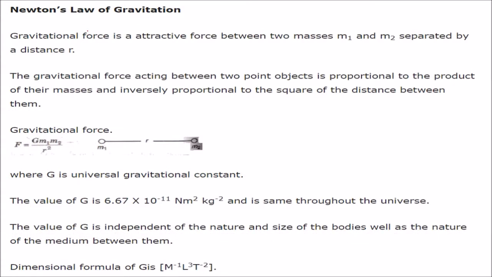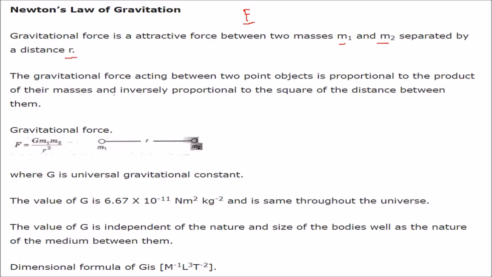Newton's law of gravitation. The gravitational force is an attraction force, and it acts between two bodies, two masses, m1 and m2, which are separated by a certain distance. We call it r.